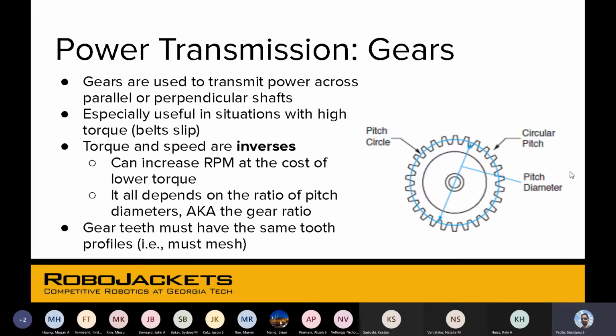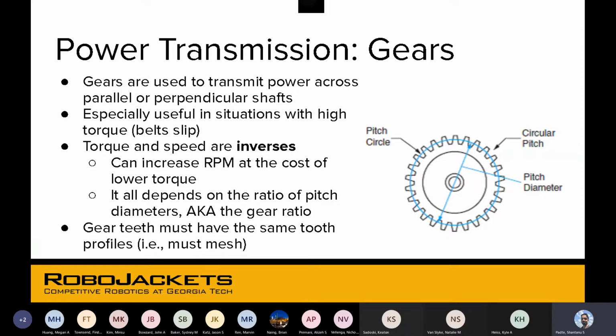The gears have to be in the same plane as each other if they're parallel. If they're perpendicular, they just have to meet at the pitch diameter. It's useful for situations with high torque, such as if you're using a belt.